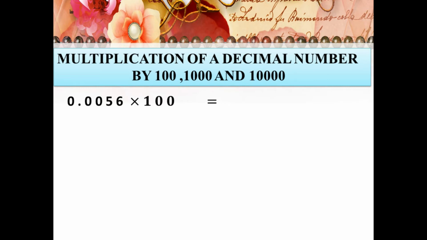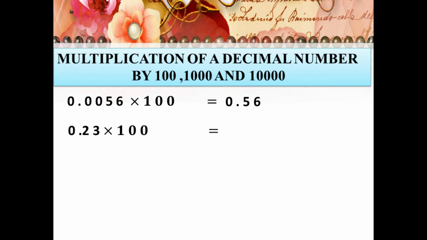If the decimal number is multiplied by 100, the decimal point moves two places to the right. 100 has two zeros. So, the decimal point moves two places to the right. So, the answer is 0.56.